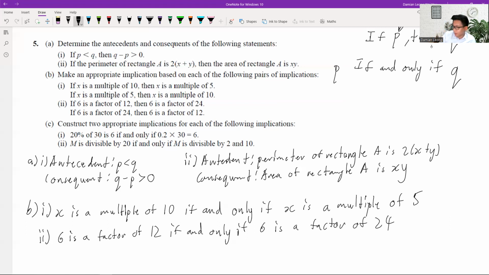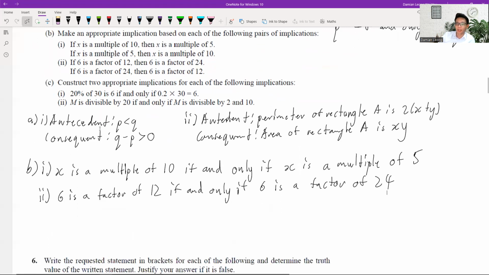So if we can combine them, naturally we can also separate them. So that is what is going on in part C. So we need to separate it into two implications from the if and only if statement. So C1, if 20% of 30 is 6, then 0.2 times 30 equals 6.